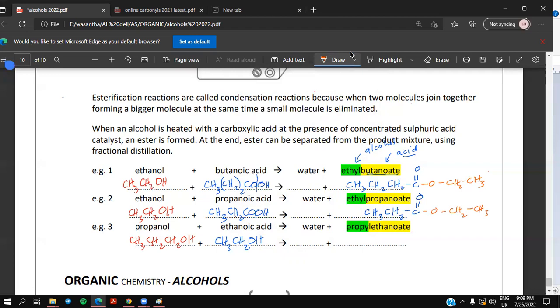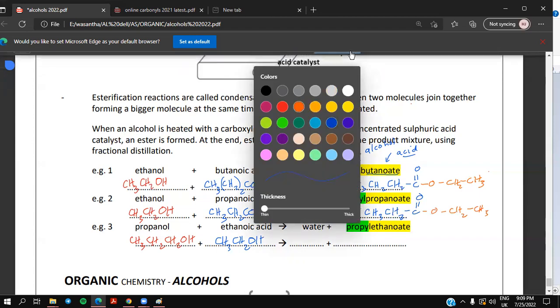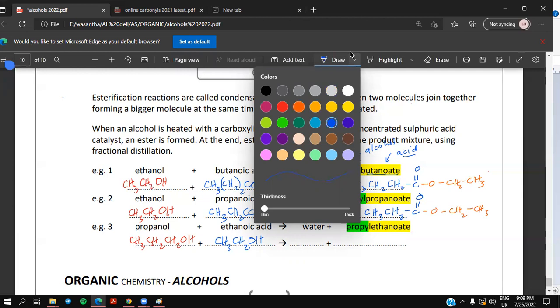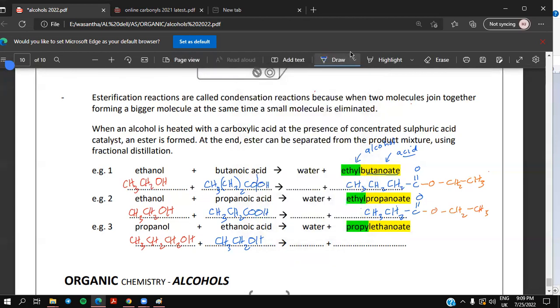Have we drawn the structure for the last one? Propyl ethanoate. First, I'll start with the carboxylic acid part. Oh, I made a mistake here. It should be C. This is not there. COOH. Ethanoic acid.